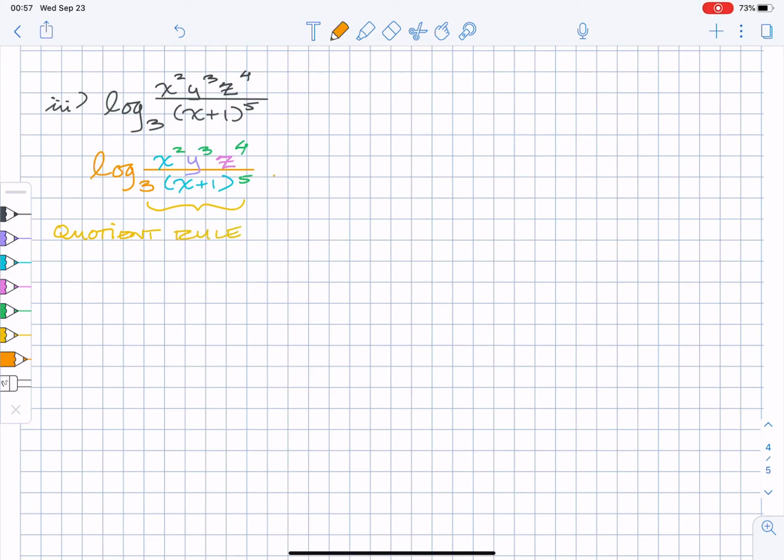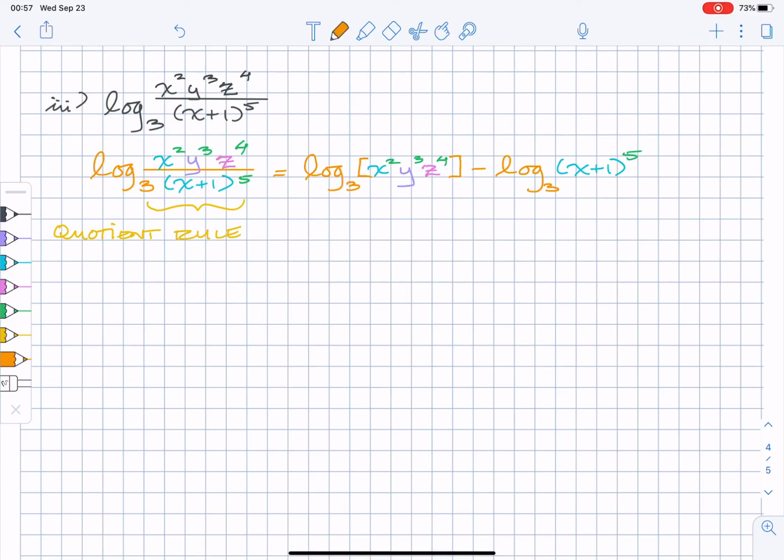So this can be expanded as log base 3 of the numerator, which is quantity x squared times y cubed times z to the 4th, from which I'm subtracting log base 3 of the denominator argument, which is x plus 1 to the 5th.